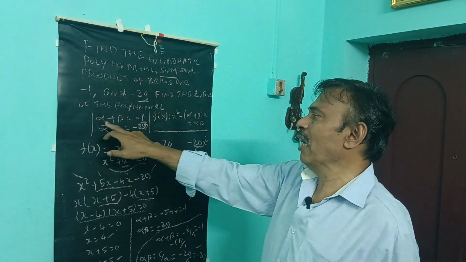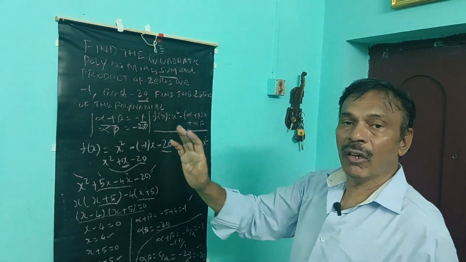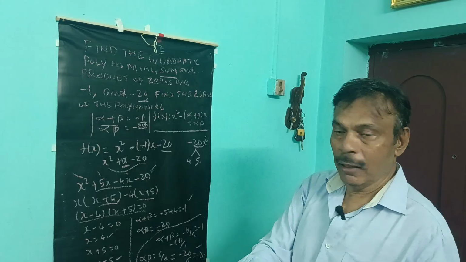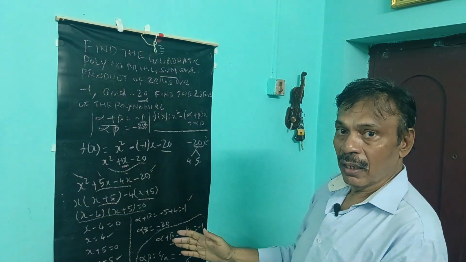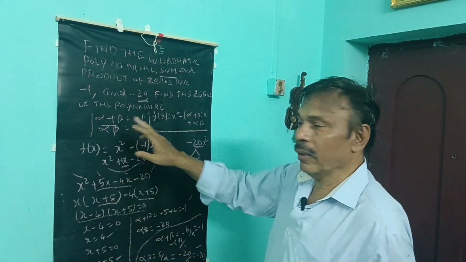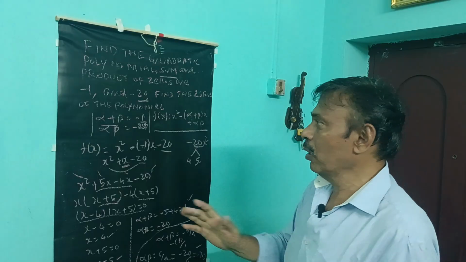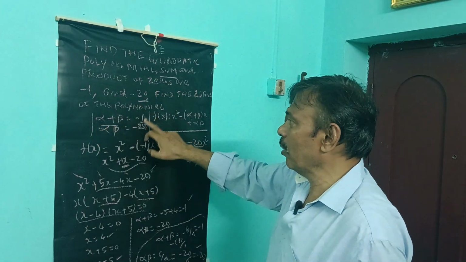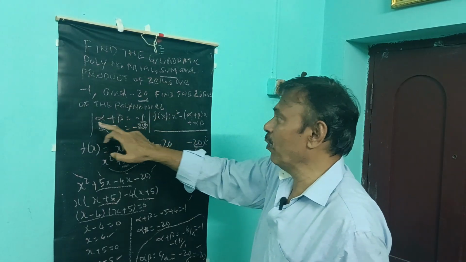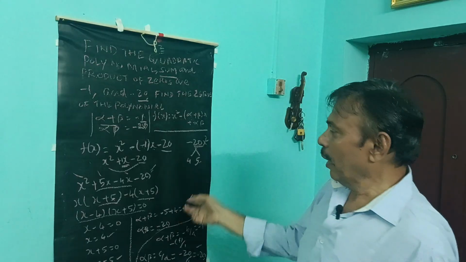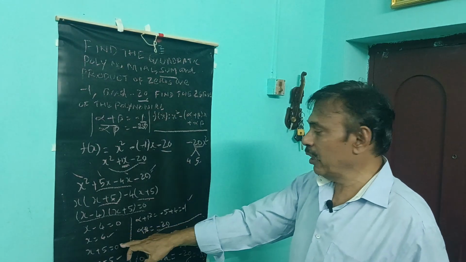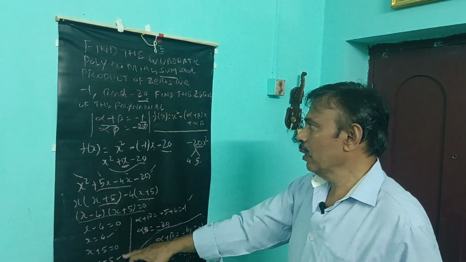See, they have given only alpha plus beta. They have not given that alpha is this, beta is this. You should not get confused. From here, you cannot find how much is alpha and how much is beta, unless you put it in the equation, then only you can find.